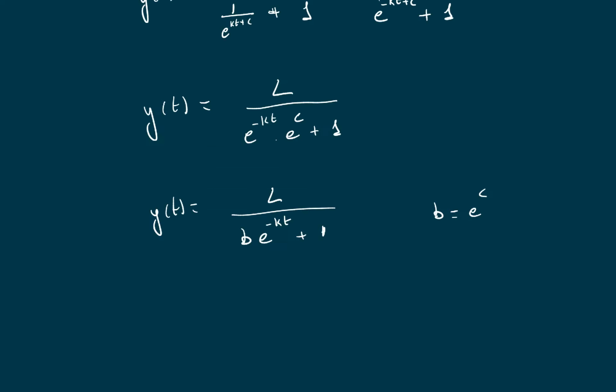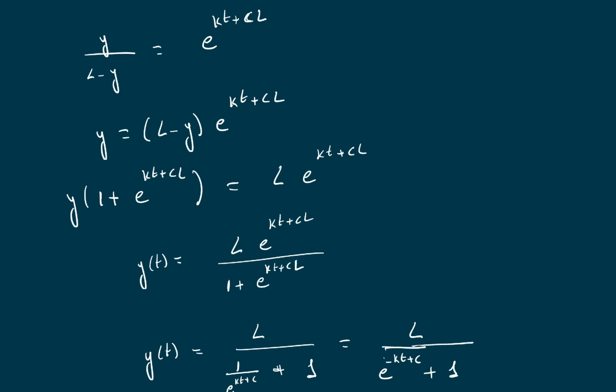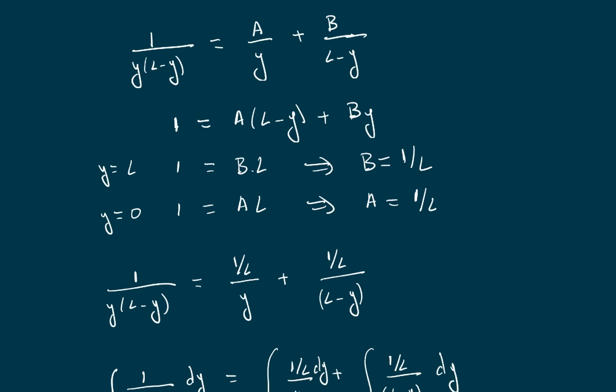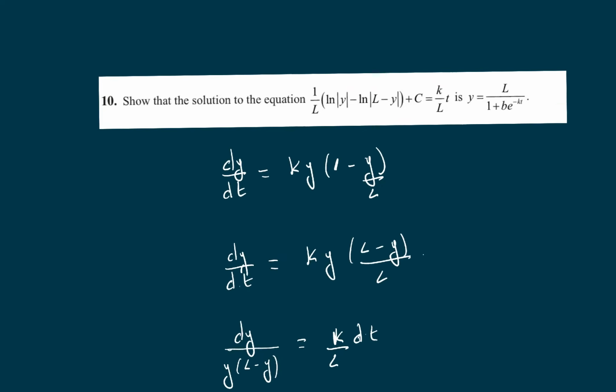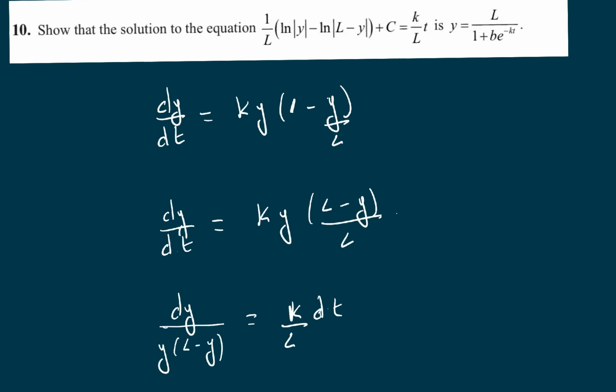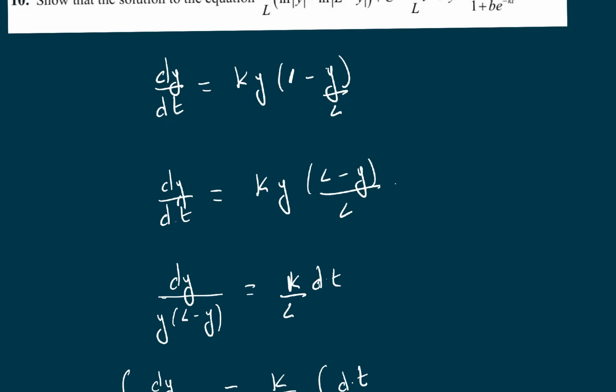And the last problem, which I will explain in class, is the logistic equation. The logistic equation is the equation that says that dy/dt is k times y multiplied by 1 minus y divided by L. And the logistic equation can be solved by separation of variables, but also can be solved by using partial fractions.